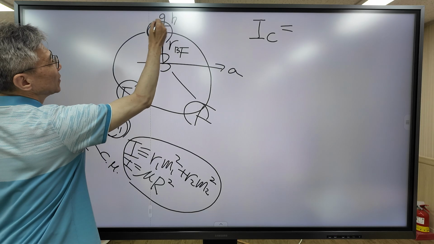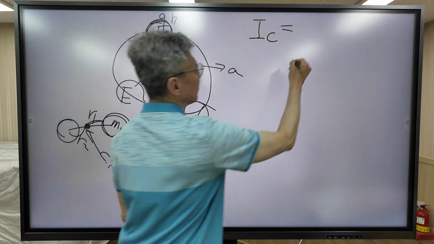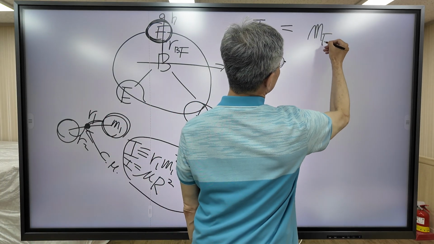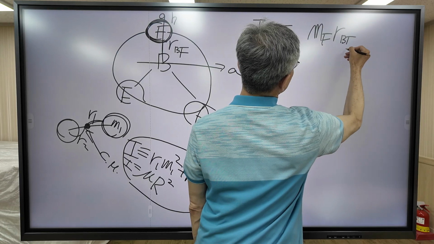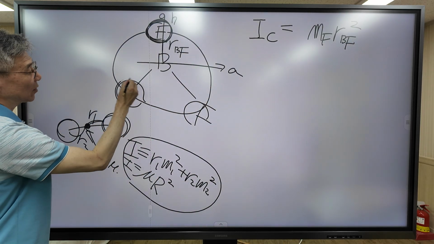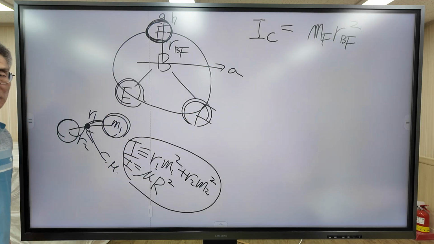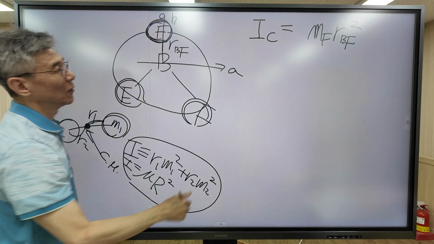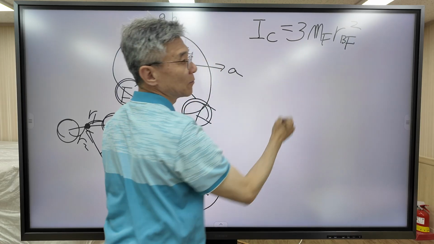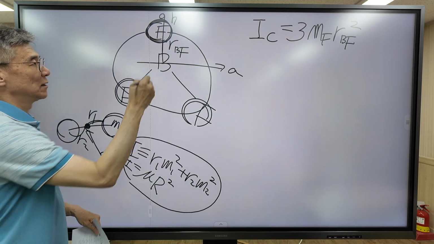So the fluorine atom contributes to the moment of inertia mF RBF square. But this atom also makes the same contribution, and this atom also makes the same contribution. So we multiply by 3. So this is the moment of inertia about the C axis.